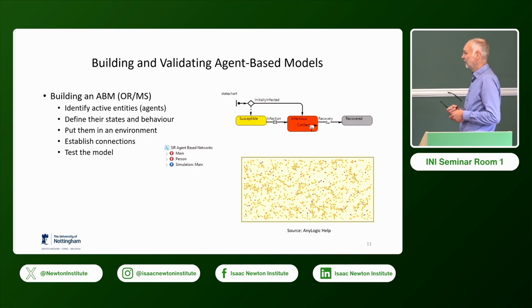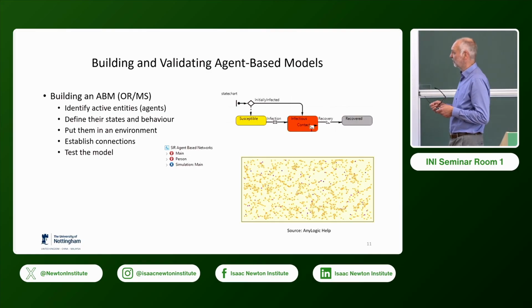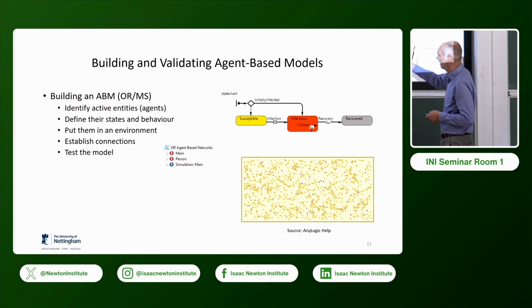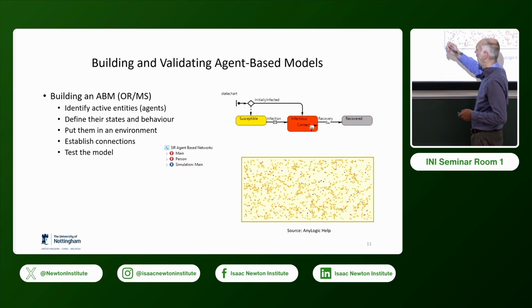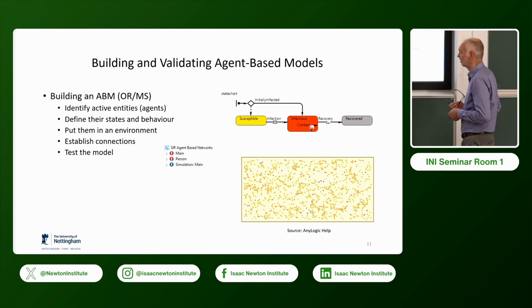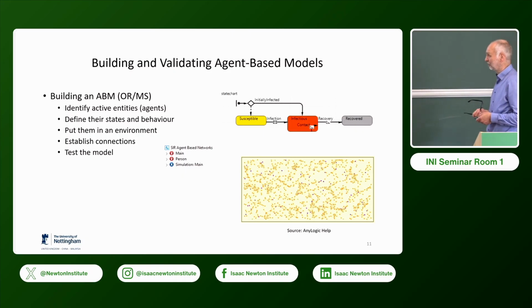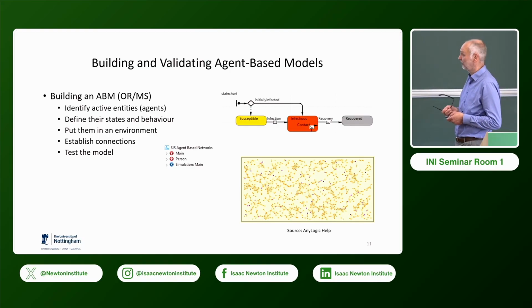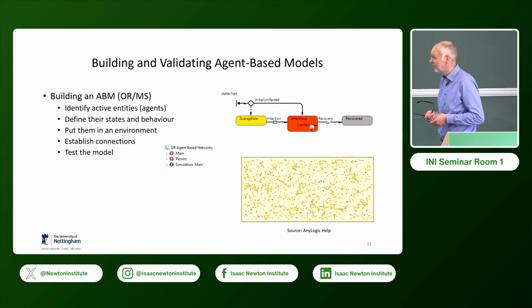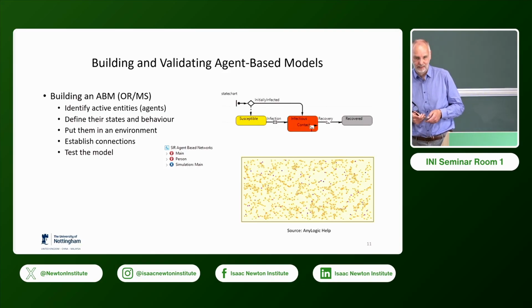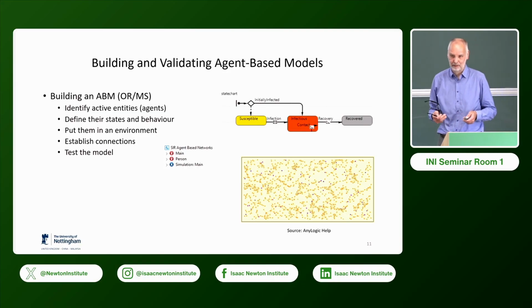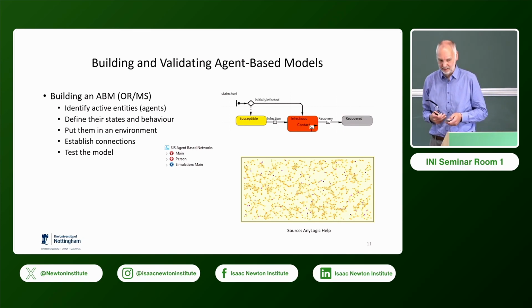And the model, actually, we create a lot of objects. You can see here, we have the artificial lab, and then we can run simulations. We define our agents by deciding what we need, so which agents are relevant for the simulation. Then we define their states and behavior, put them in an environment, establish the connections between the agents, and then we run some tests that will make sure our model represents what's happening in reality.